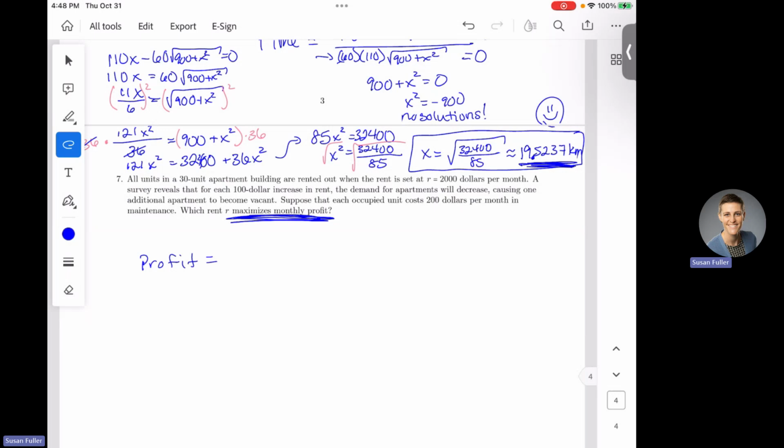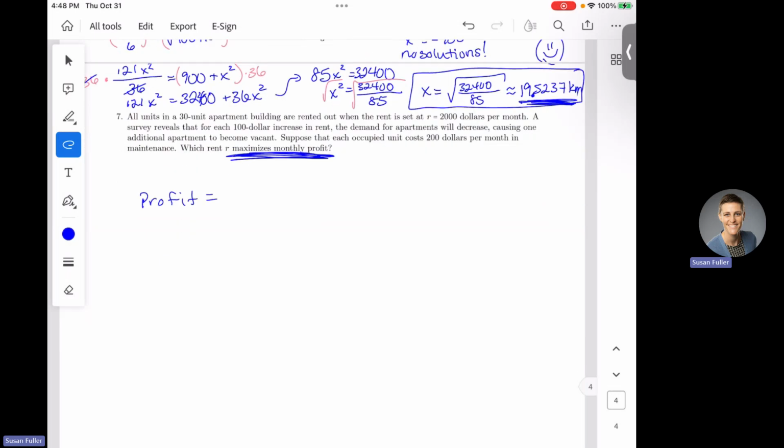Okay, so profit, from some of my business classes in college. Hopefully, you guys have seen some of this before. To get profit, this is the money you have left, right? After paying all of your bills and getting all of your income. So, profit is what you have left over. So, it's money in minus money out.